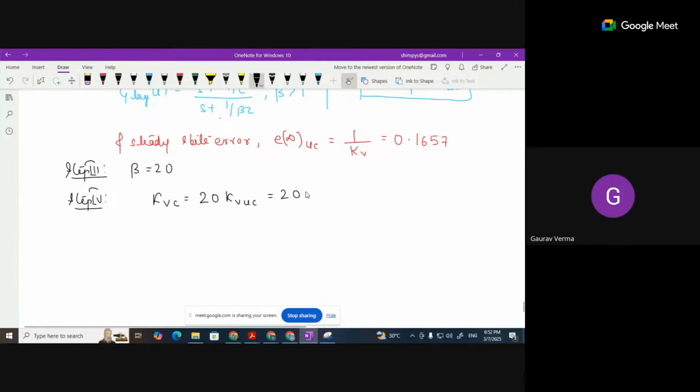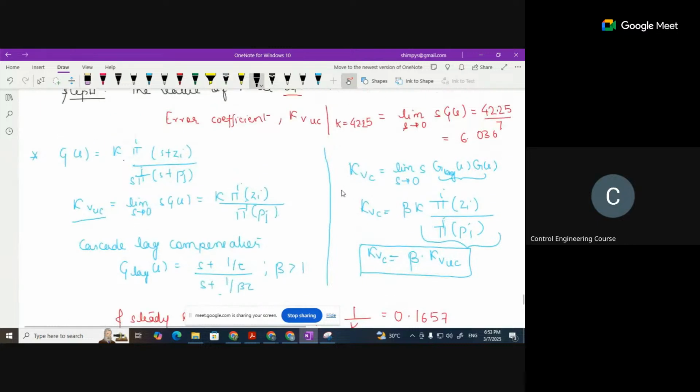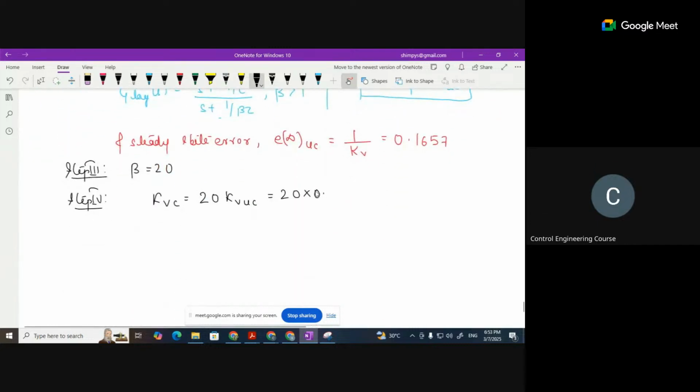So 20 into 6.036 comes out to be 120.7, right? Clear up till here? Yeah.